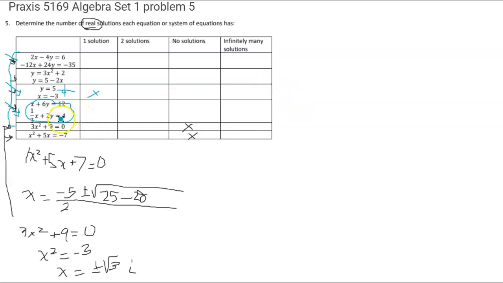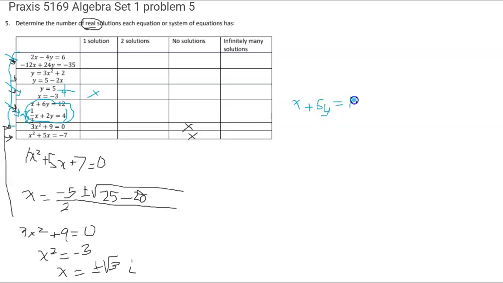I don't like fractions much, so I'm just going to clear out the fraction by multiplying everything by 3 on that second equation. Let me rewrite over here. I'll copy the first equation, x plus 6y equals 12.